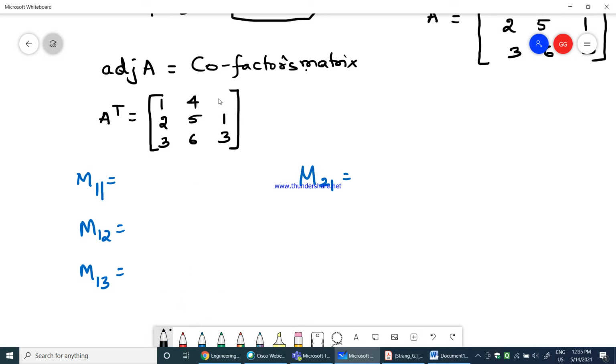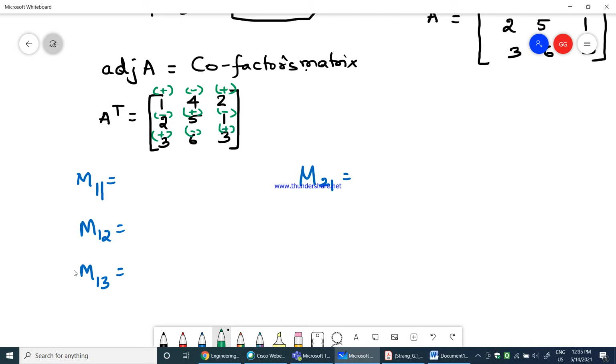I will write the polarities that we consider while finding the minors. For this matrix we take plus, minus, plus for the first row, then for the second row minus, plus, minus, and for the third row plus, minus and plus.